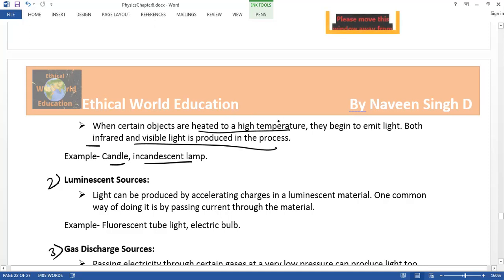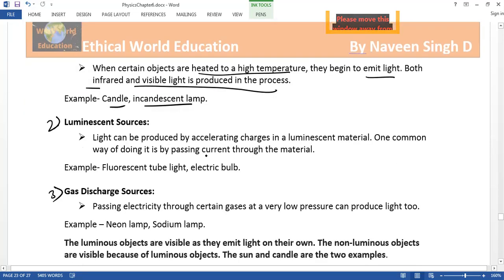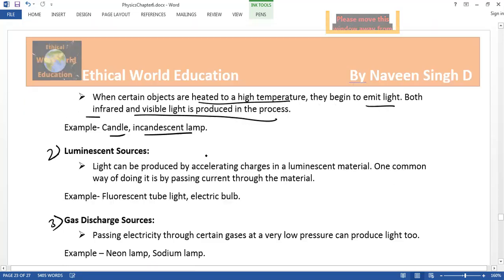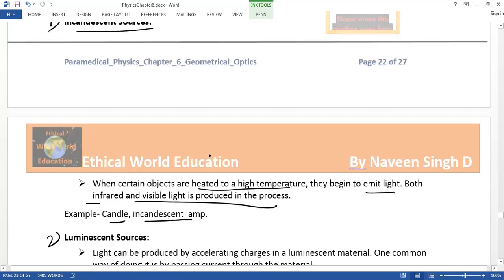Because of high heat, they begin to emit light, in the form of infrared as well as visible light. So a candle and an incandescent bulb are the two examples of incandescent sources.